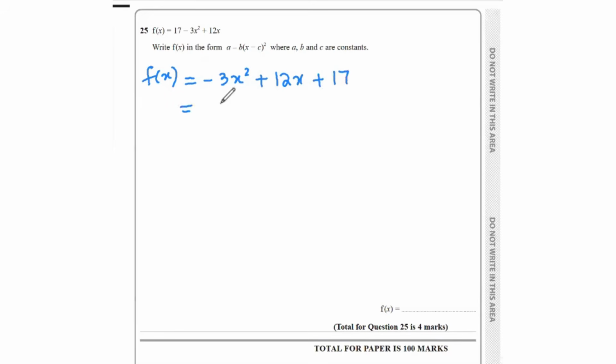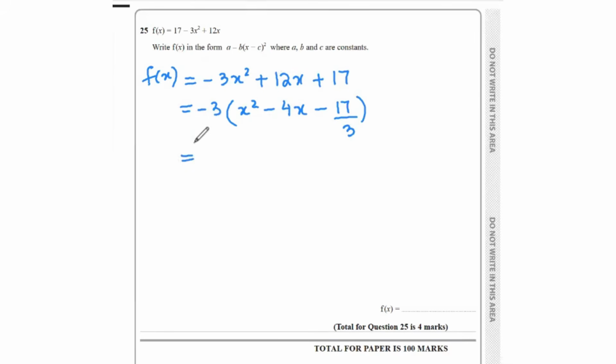First we begin with taking negative 3 common from the entire equation. So that's x squared minus 4x minus 17 over 3. We need to make sure that the coefficient of x squared is 1. So for that, we need to get rid of the negative 3. So we take negative 3 common from the entire equation.